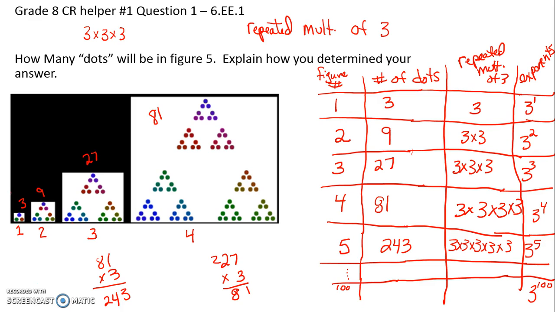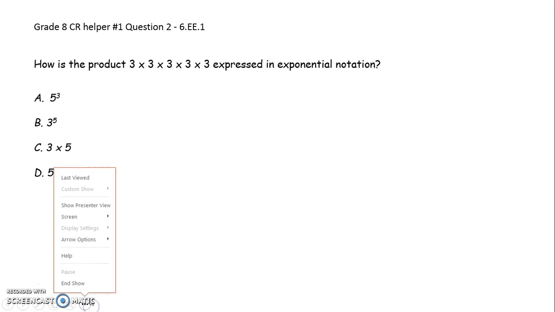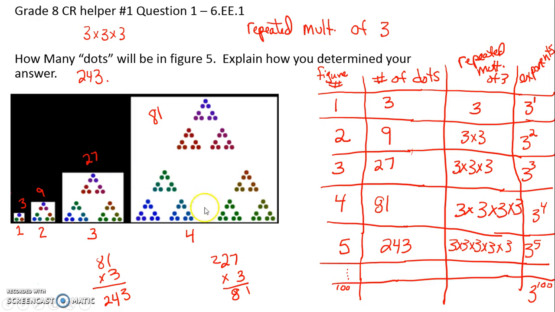So how many dots will be in the fifth figure? It will be 243. If they ask you to figure out how you got that, you could say I just did 3 to the fifth power. The figure number will be the power, the exponent on your base of 3. So that's 3 to the fifth power.